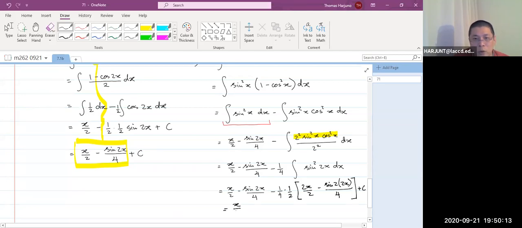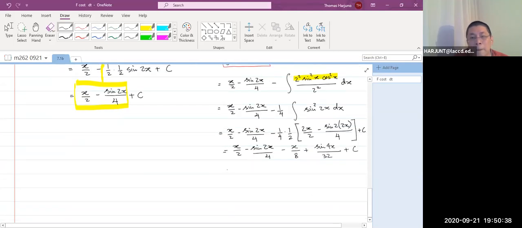So we will get x over 2 minus sine 2x over 4, minus x over 8, plus, what is this? 1/16 plus sine 4x over 32 plus constant. Actually, I can combine my things here. Plus 3x over 8 minus sine 2x over 4 plus sine 4x over 32 plus constant.